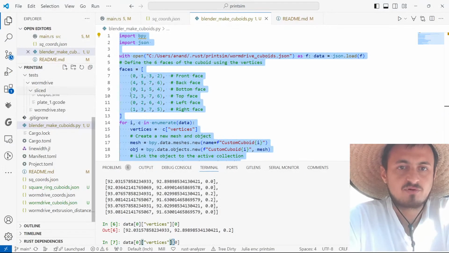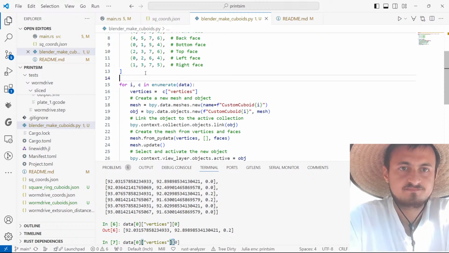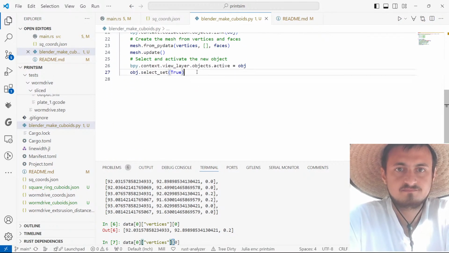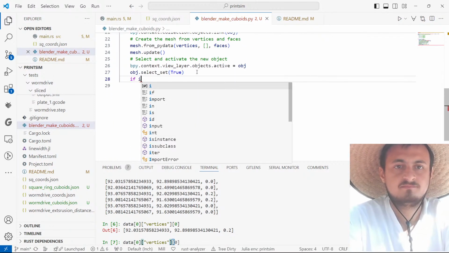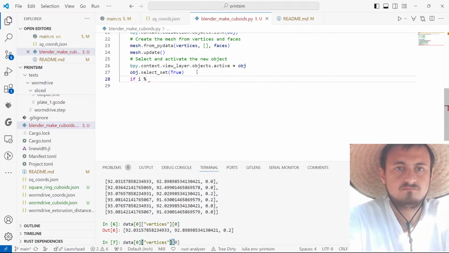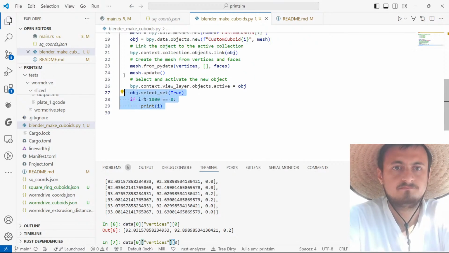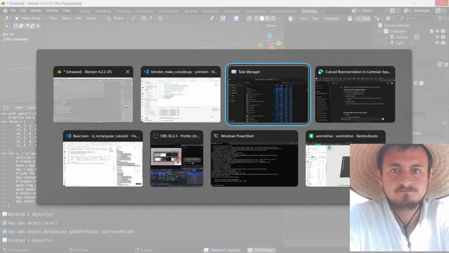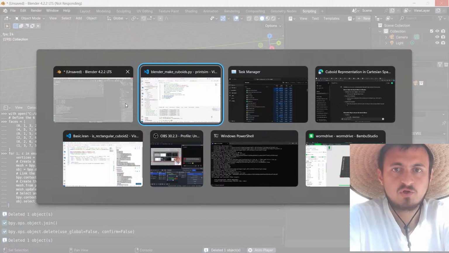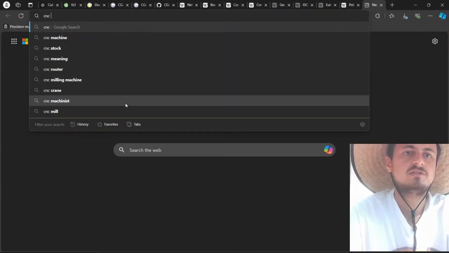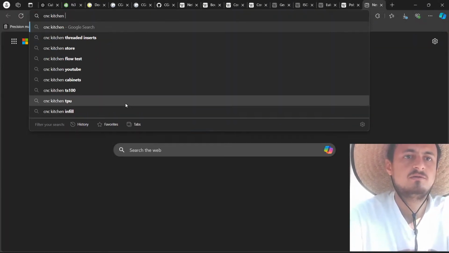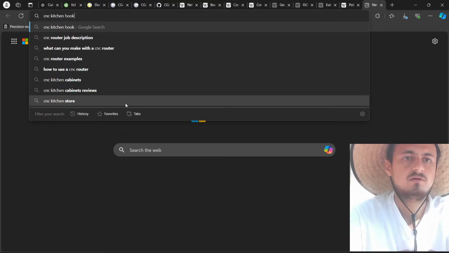Maybe I should have it print progress. Oh, yeah, okay, and we want to do something else. CNC Kitchen hook.